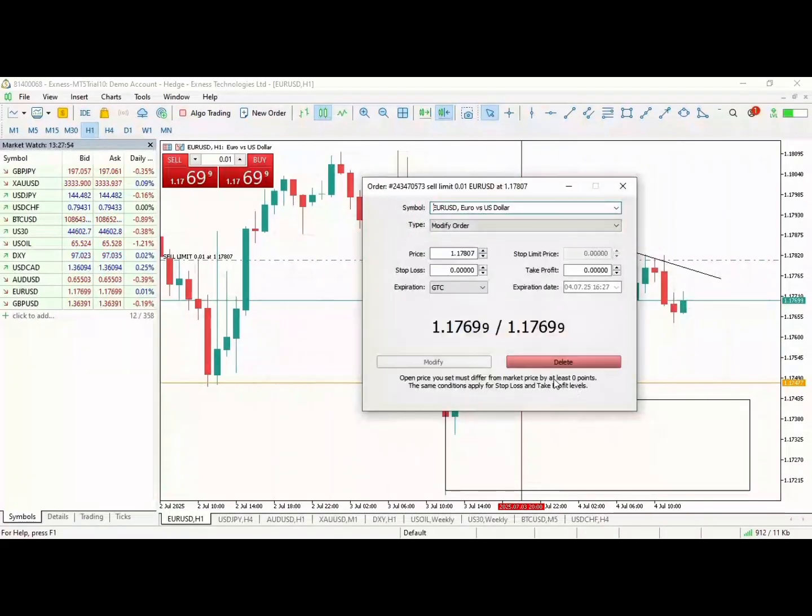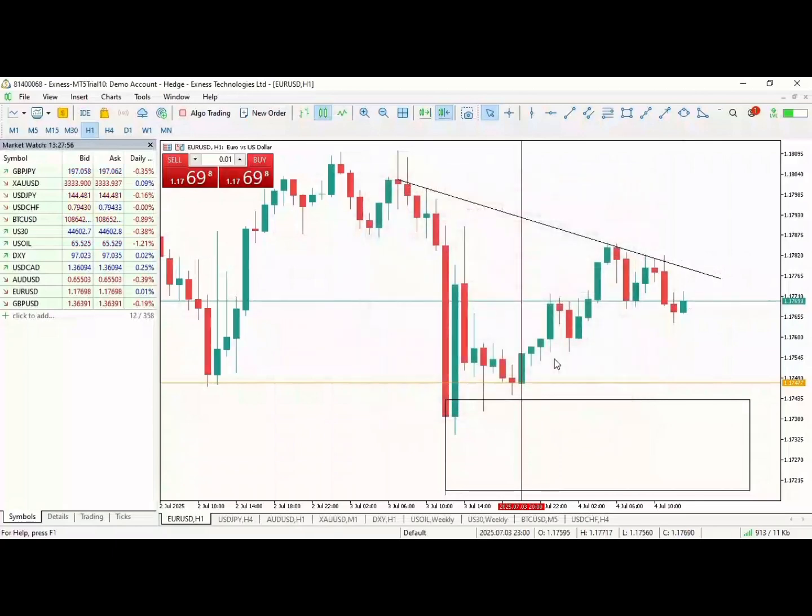Then let's look at the stops now. For a buy stop, you see how for limit orders, if it's a buy, you put it below the current market price. If it's a sell, you put it above.